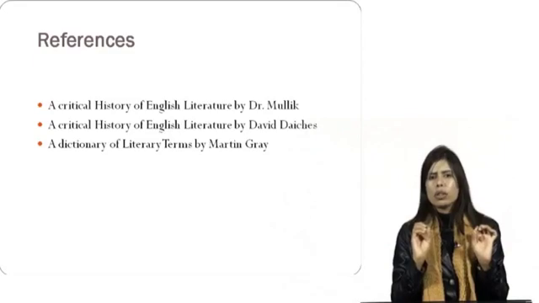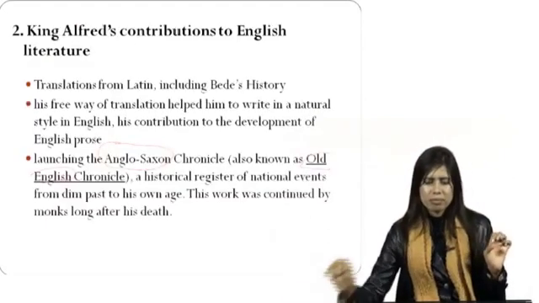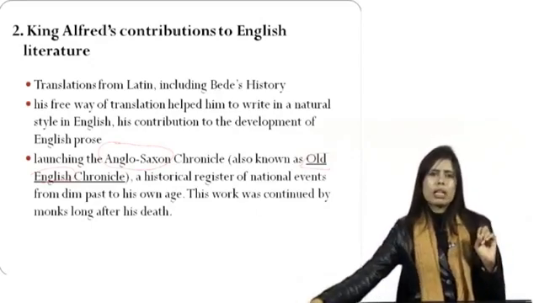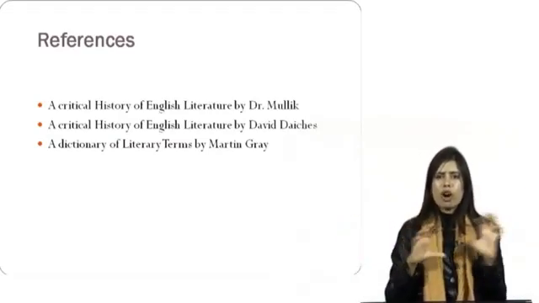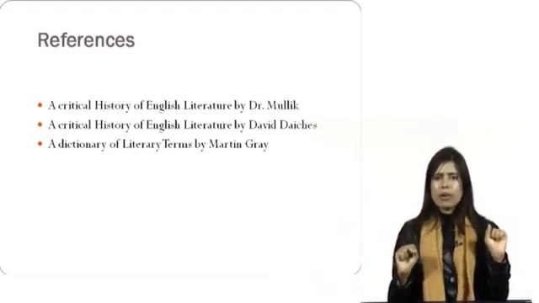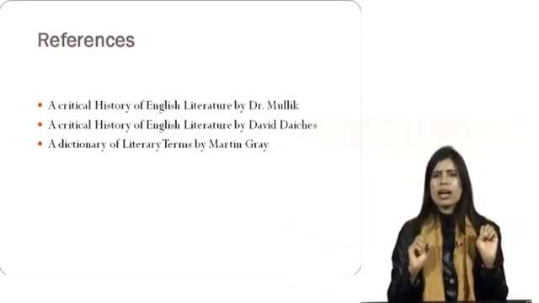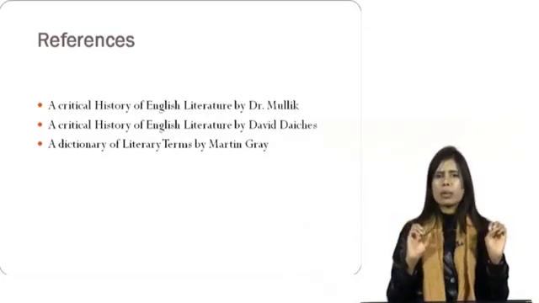And then he wrote the Anglo-Saxon Chronicles as well, that is basically based upon different national events of a certain period of time. So basically that is all about the history and the influence of Roman culture on English speaking countries.